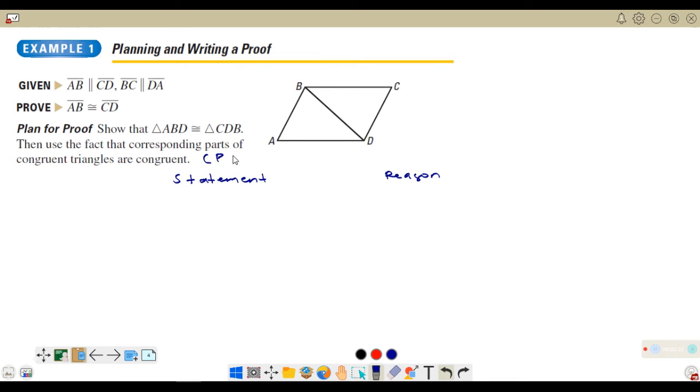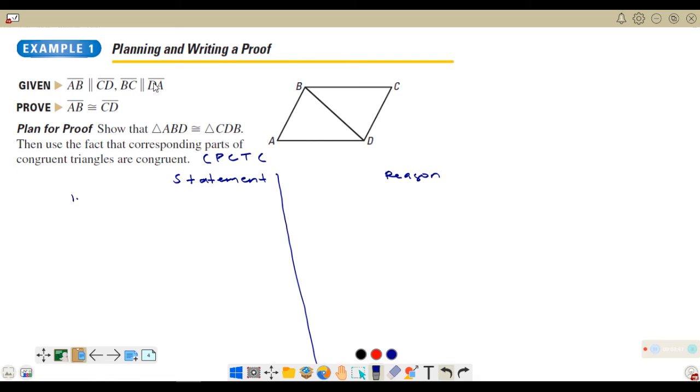We have CPCTC, congruent parts of congruent triangles are congruent. Kasi ang haba nung phrase eh. So, tawagin na natin siya CPCTC. Very common yan. Statement number 1.